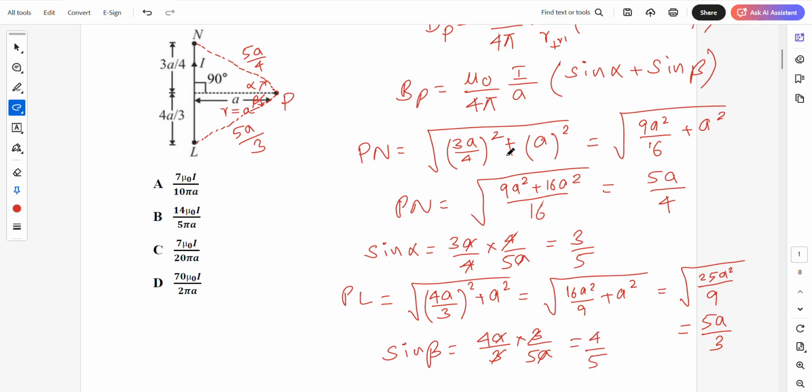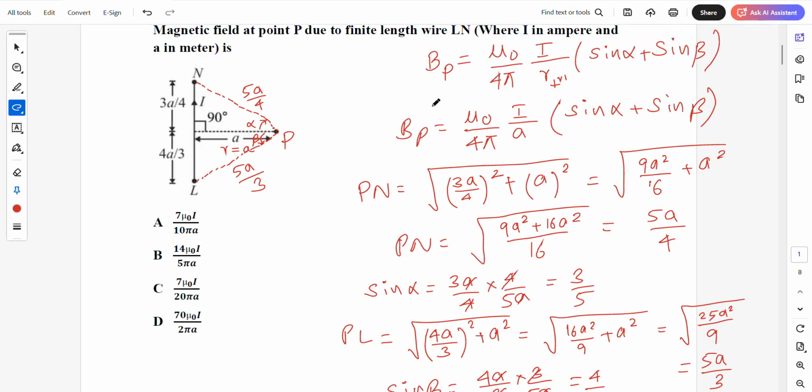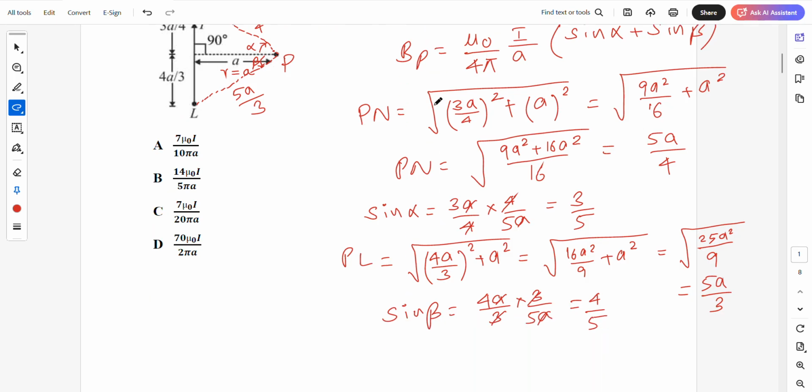Now you substitute the values here to find the magnetic field at point P. Bp is equal to mu naught by 4 pi into I by a, sine alpha, how much you got? 3 by 5, plus sine beta, how much you got? 4 by 5.